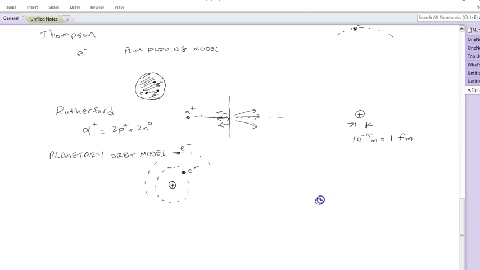We now know it's the most abundant form of hydrogen, a single proton with a single electron, orbiting in this planetary orbit model. The problem is, if you try to explain how this can emit light, well, in classical electromagnetic wave theory, an electron moving around in a circle should emit light.